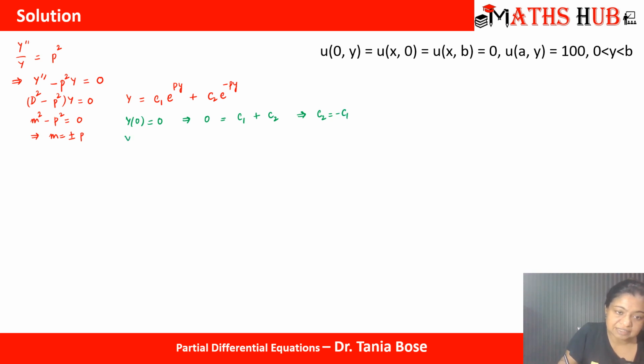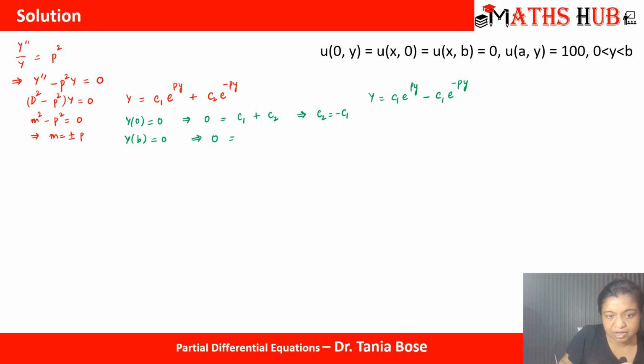Now let us apply the second condition, y at b is equal to 0. So if C2 is equal to minus C1, I can change my y. Y will become C1 e raised to power py, and in place of C2, I can replace it with minus C1 e raised to power minus py. Now y at b is equal to 0. What will this imply?